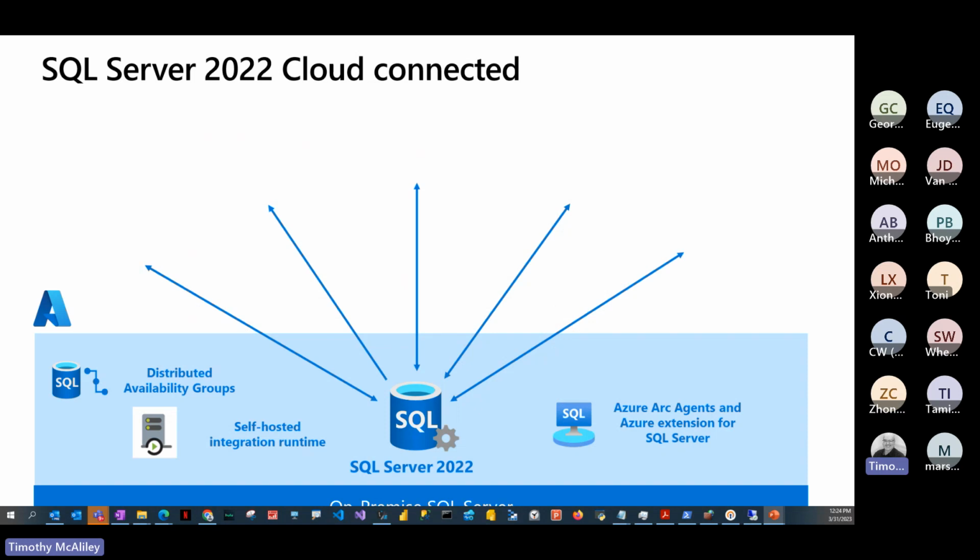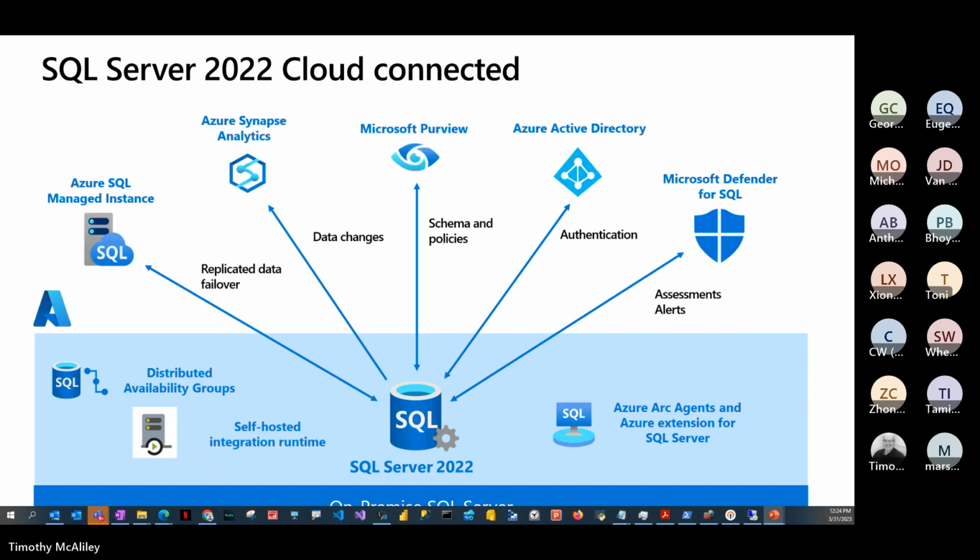So SQL Server being cloud connected again, this is what we'll talk about in the coming months. We'll talk about the Azure SQL Managed Instance link. We'll talk about the Azure Synapse link to Azure SQL pools. We'll talk about Microsoft Purview with schema and policy enforcement.